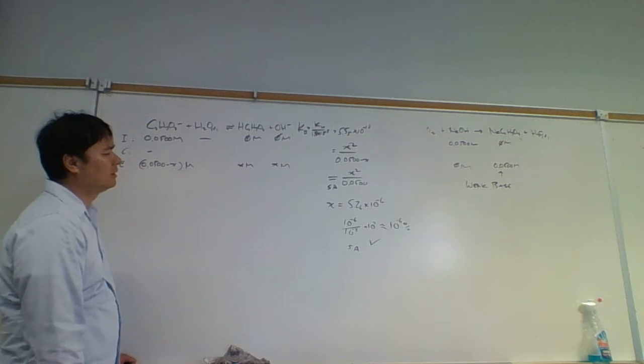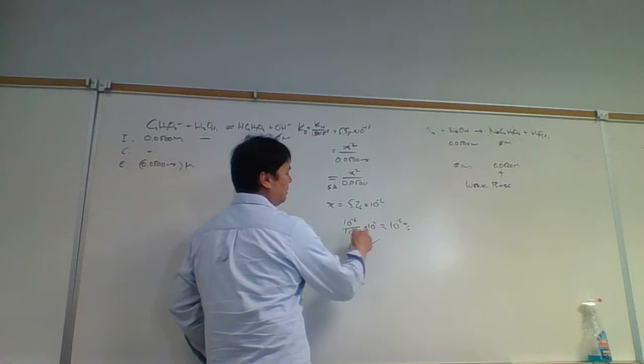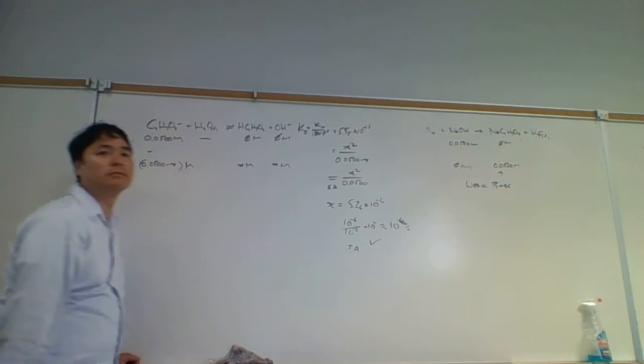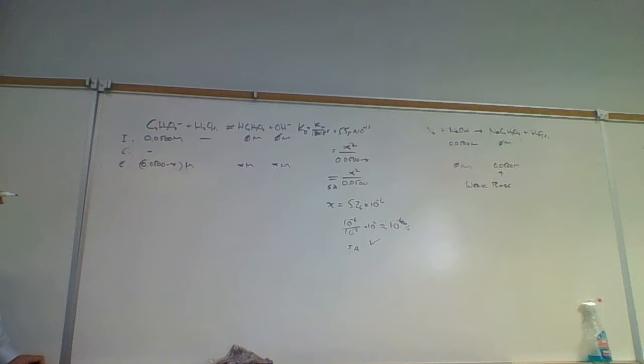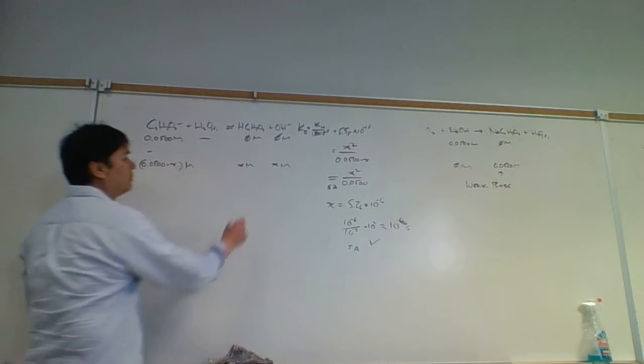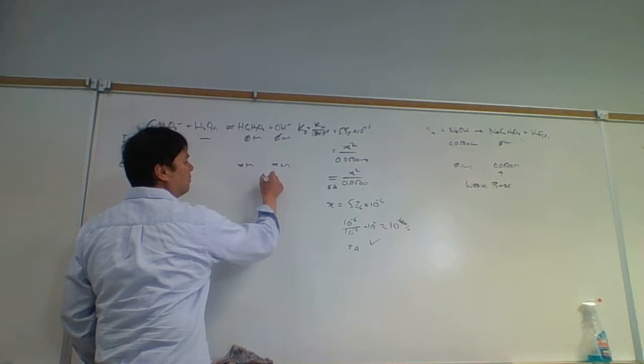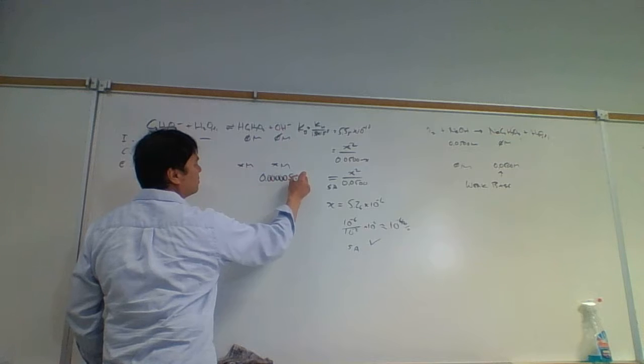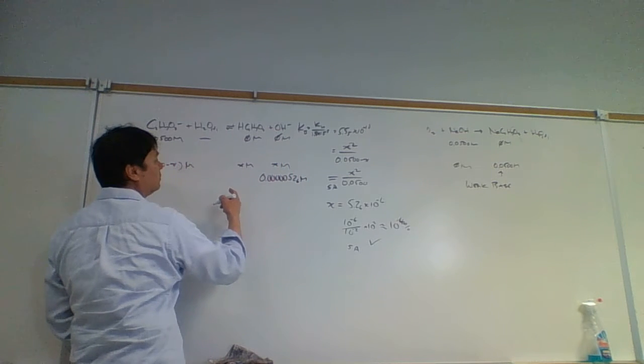No. I made a mistake, didn't I? 10 to the minus 4, 10 to the minus 4%. So that's no problem. And so what I'm going to end up with here is 1, 2, 3, 4, 5 zeros and a 526 molar hydroxide.